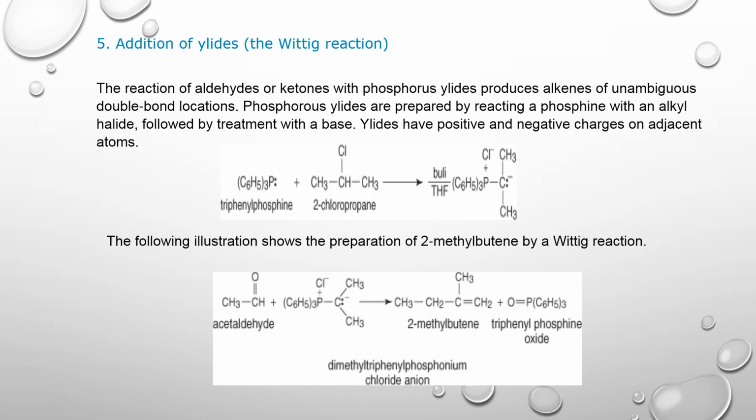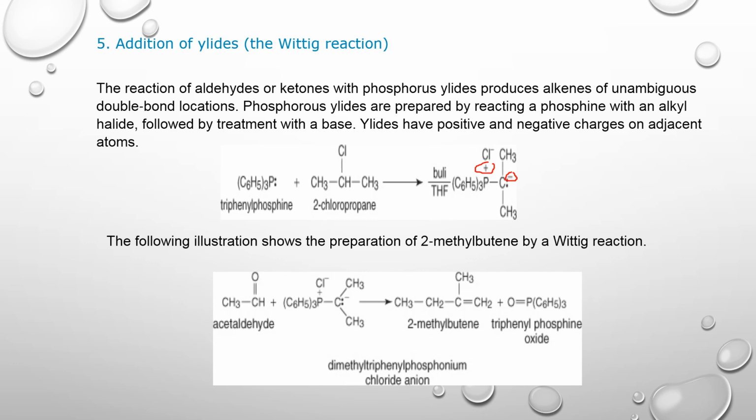Triphenylphosphine with 2-chloropropane gives ylides. These ylides have a positive and negative charge on adjacent atoms. Here phosphorus carries the positive charge, and the central carbon carries the negative charge. So both charges reside on these two atoms in the ylide.